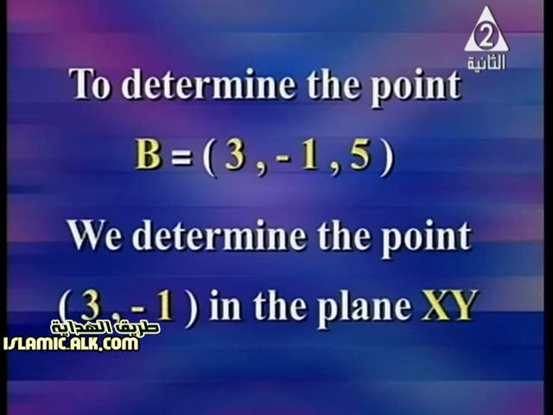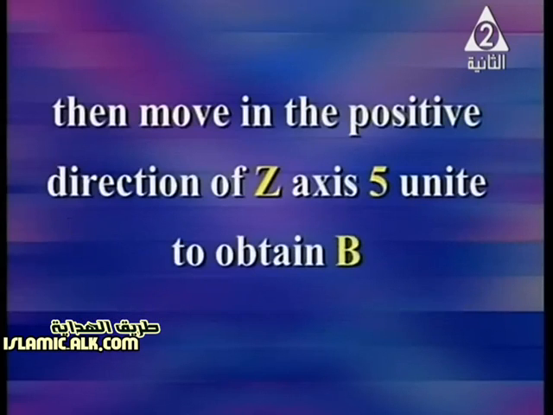We determine first the point (3, -1) in plane xy. After that, move in the positive direction of the z-axis 5 units to obtain the point B.